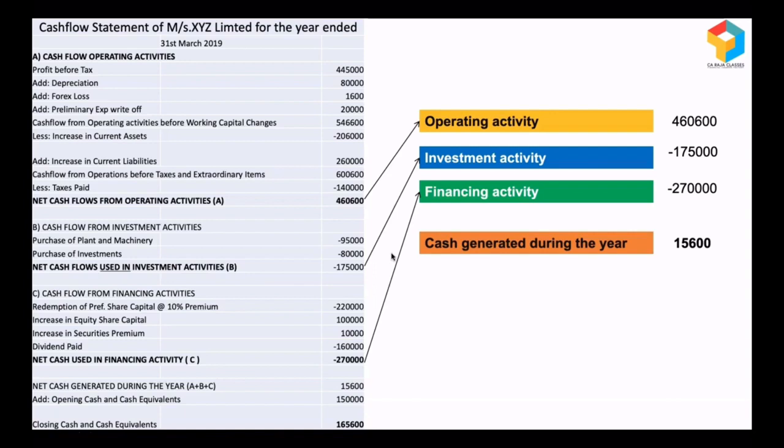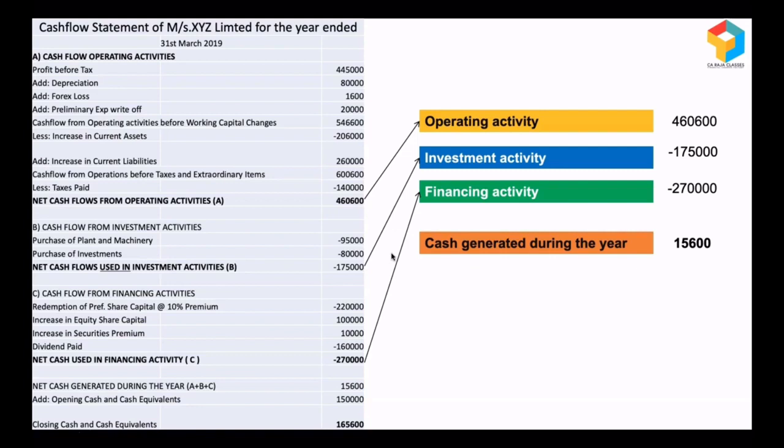So when I look at this, what I infer is they made 4,60,600 from their operations, and they used their own money for making some investments. And despite spending on investment, they had so much money that they are very easily settling their financial obligations. And despite all this, they still have positive cash of 15,600.